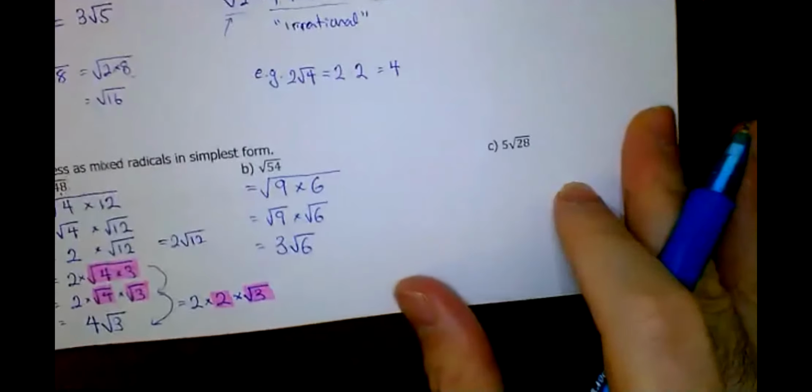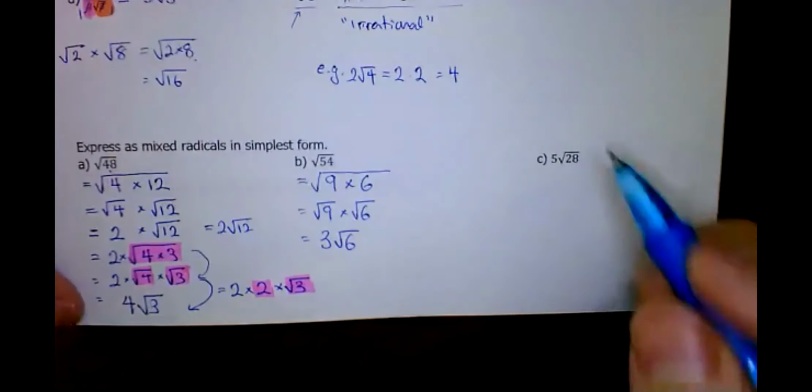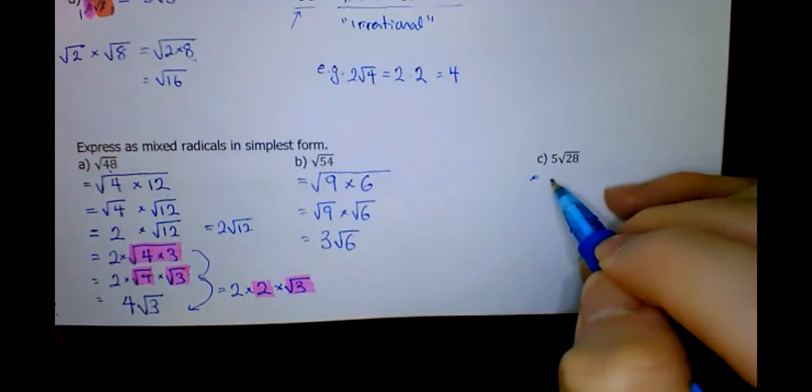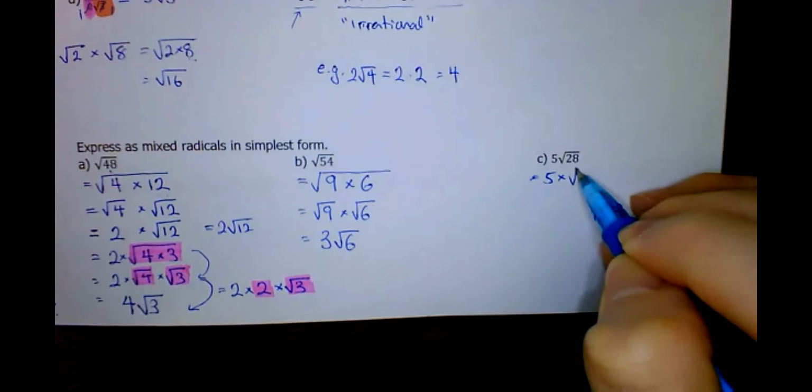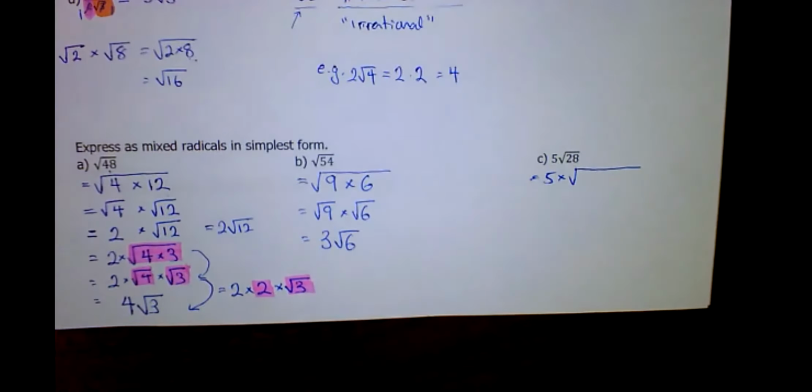All right. In the same way, 5 root 28. I would like to break that down into a product of 2 numbers, and preferably one of them is a perfect square. Who's after Maddie? Lynn?